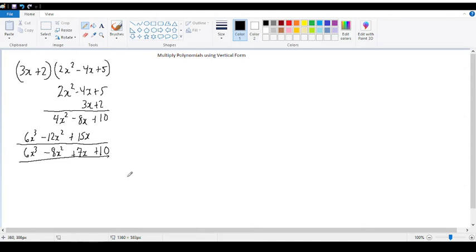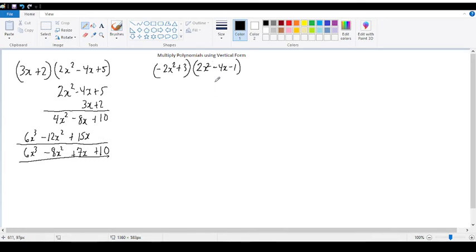Let's try another one. Let's try one where we have some negatives in other spaces. So let's say that we have (negative 2x squared plus 3) times (2x squared minus 4x minus 1), and so we will need to arrange our polynomials.